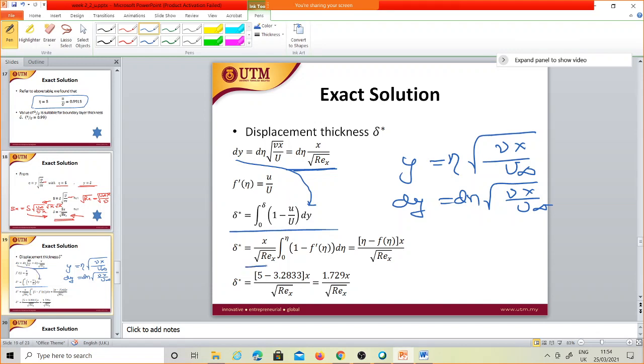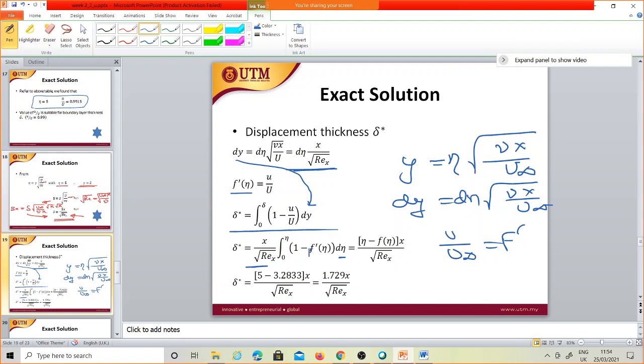This is constant outside, and the delta is here, and u by u infinity is actually what? You remember u by u infinity is actually capital F prime. So you need to write capital F prime in this case. There should be no small f, okay? So you need to modify this a little bit.